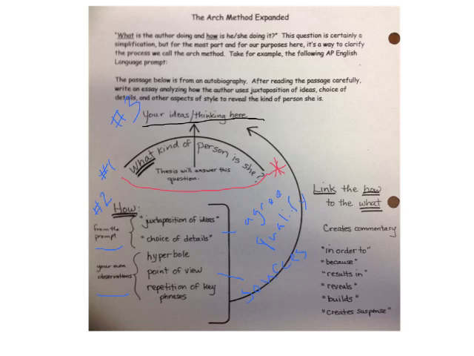So the arch really is set up in these 3 steps of what am I being asked? What position can I take and how can I prove that? And finally, what position will I take? And so this is just a way to organize all of these thoughts and put them together in this nice compact unit that you can come back to as you read through.